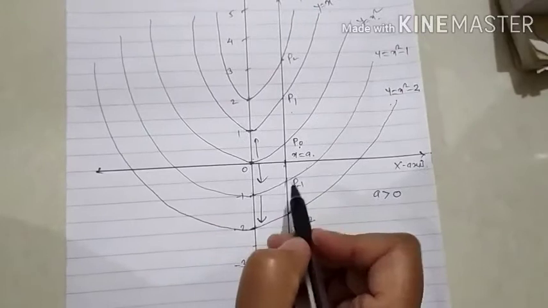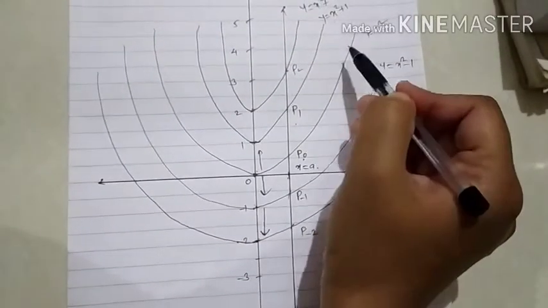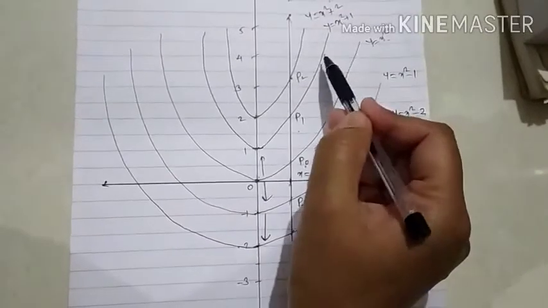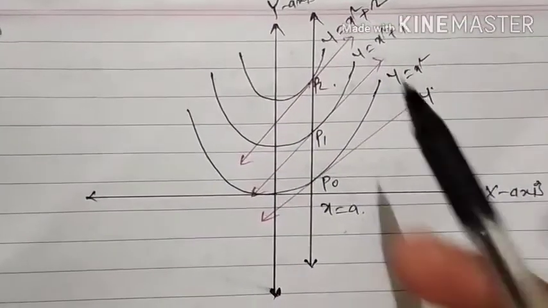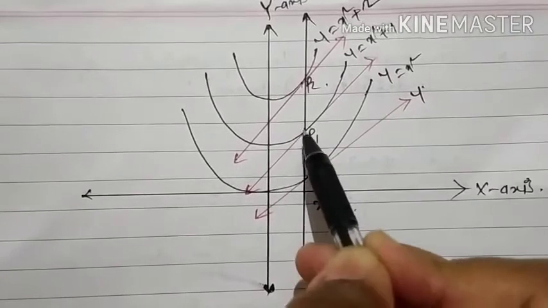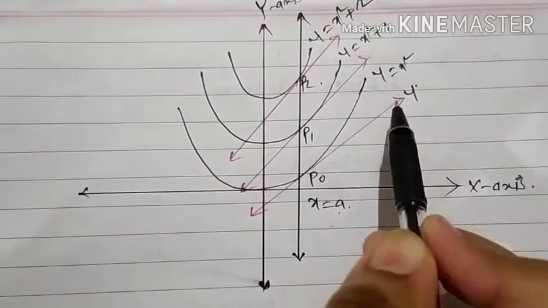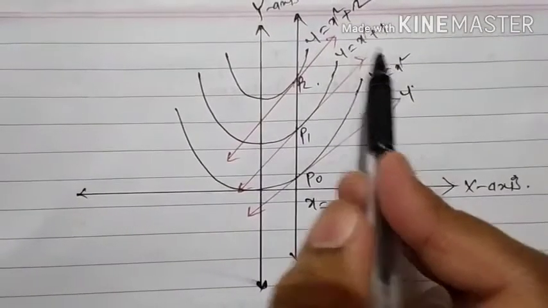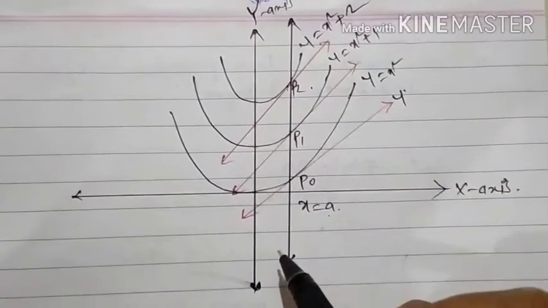See here the curve y equals x square, the curves y equals x square plus 1, x square plus 2, x square minus 1, x square minus 2. You can observe that the derivative of these curves at these points is equal to twice a, because the derivative of all these curves is twice x, and at x equal to a it will be twice a.